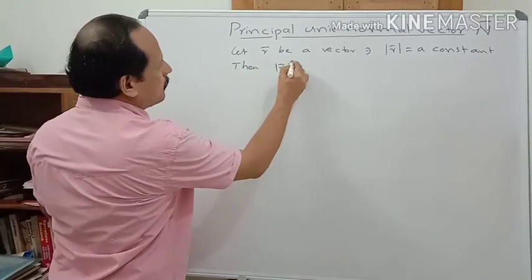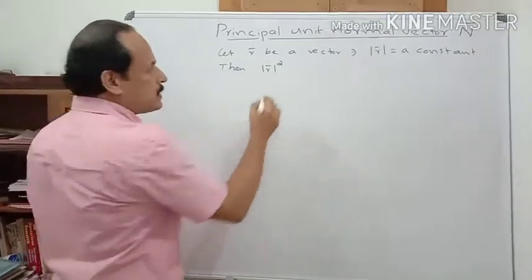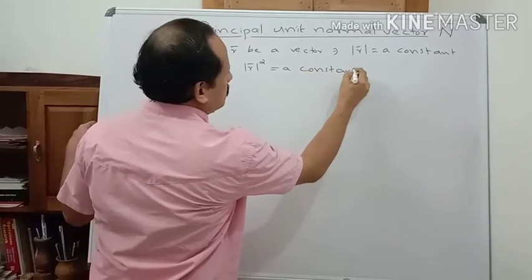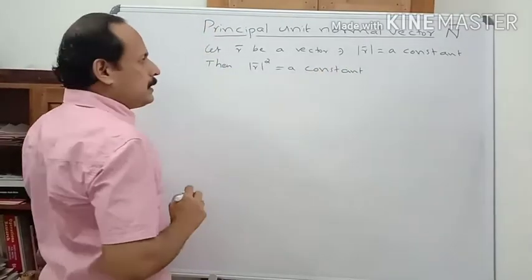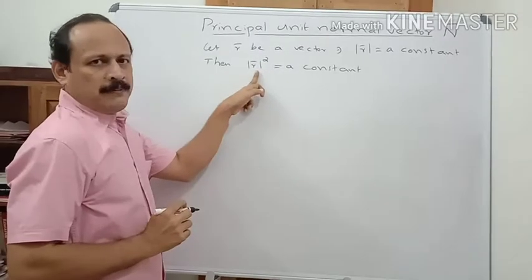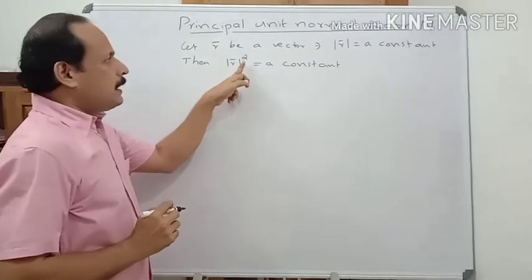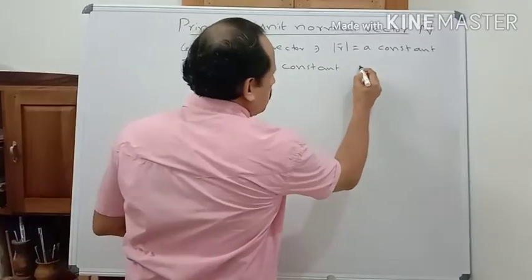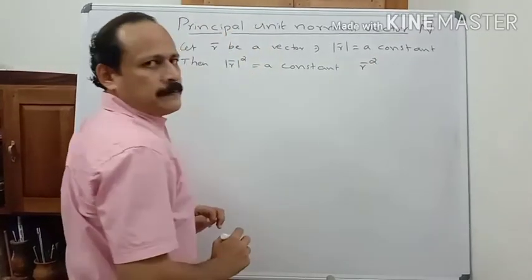mod r bar square is also a constant, and this is the square of the modulus of a vector. Square of the modulus of a vector is the same as the square of a vector.